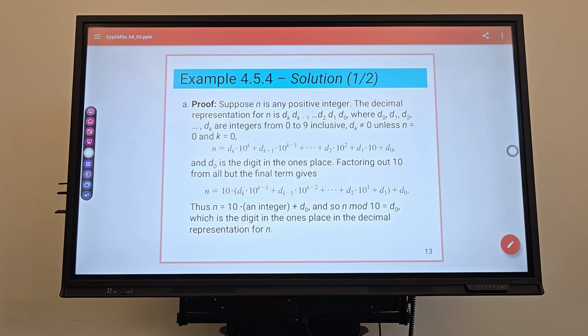Factoring out 10 from all but the final term gives 10 times this quantity here, which is an integer, plus d0. So n mod 10 equals the digit in the ones place.